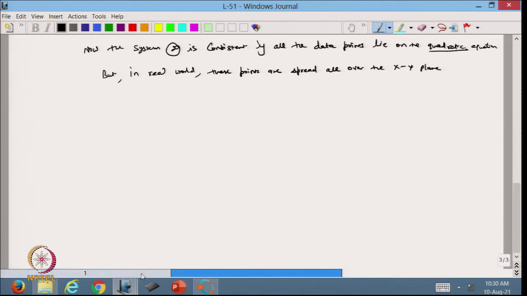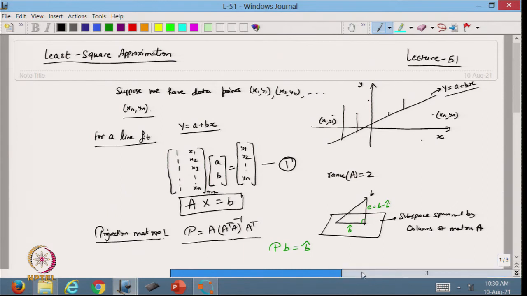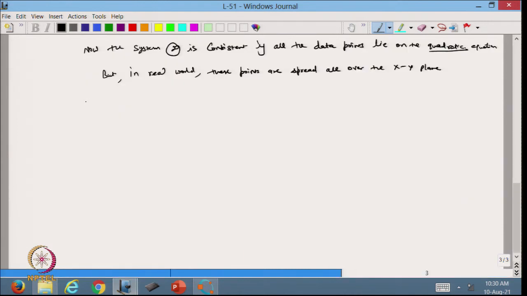So, these points are, as we have seen, spread over the xy plane. So, in that case we say that the system 2 is inconsistent, and then we will find out the same way that we multiply by A transpose, and I will write A transpose A x equals A transpose B. Now, this is the equation number 3 and it is called the normal equations.